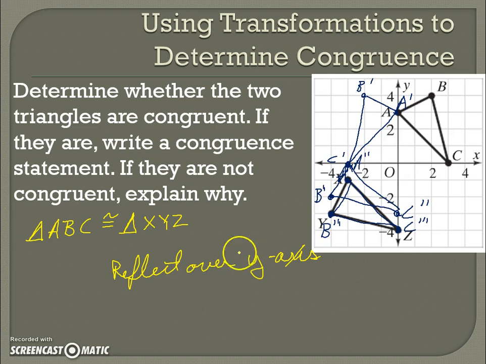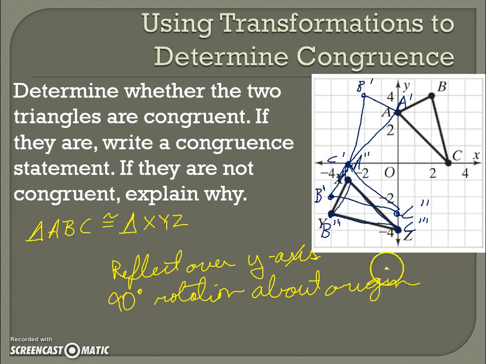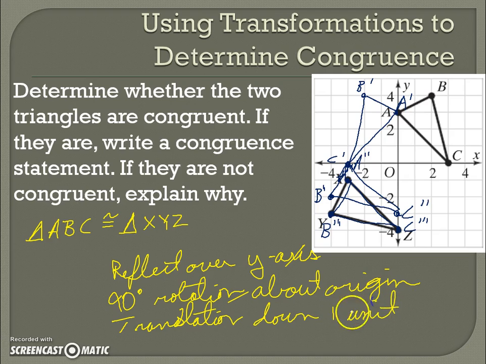Reflect over y-axis, 90-degree rotation about the origin. And then I would say a translation down 1 unit. All right, so there is my explanation that just says, how do I get from this figure to this?